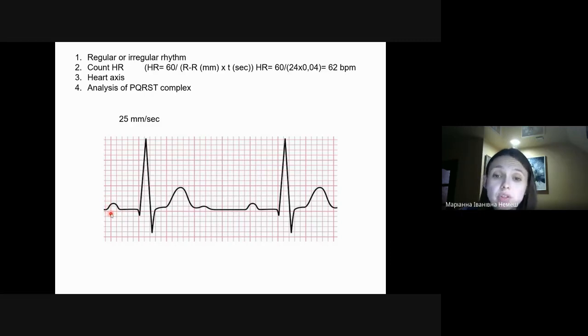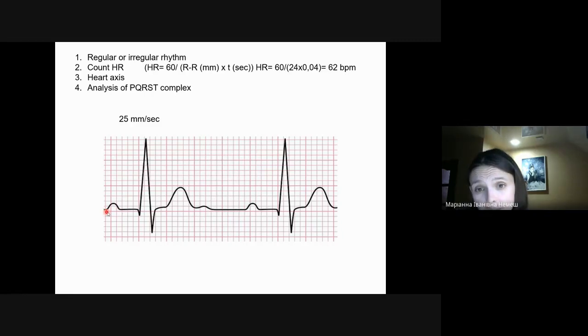As we described, it should be less than 0.2 millivolts. We know that the small box is about 0.1 millivolt. So logically, this one is less than 0.2 millivolts, and its duration in seconds should be about 0.06 to 0.11 second.